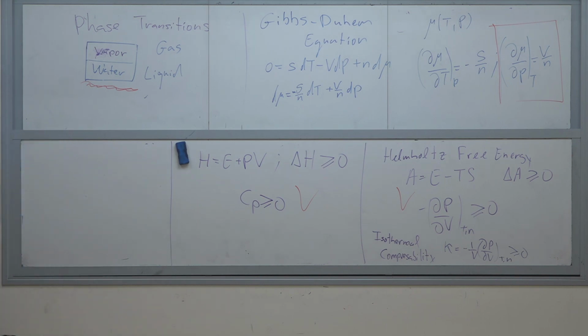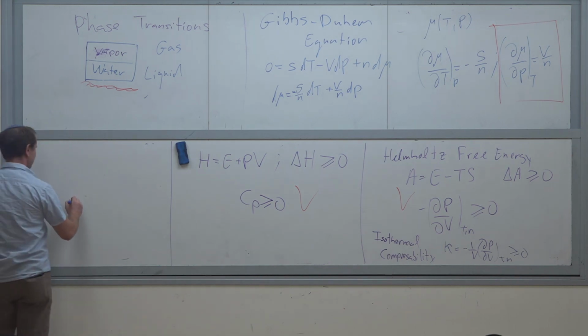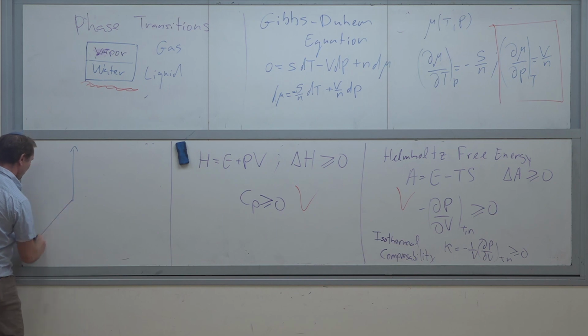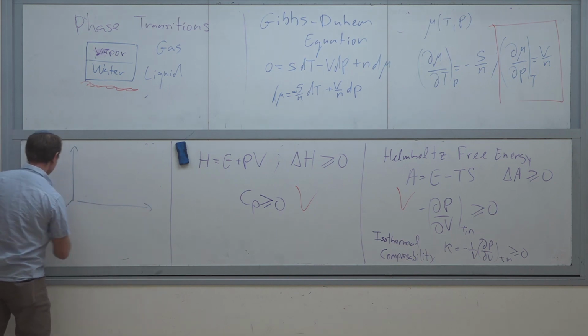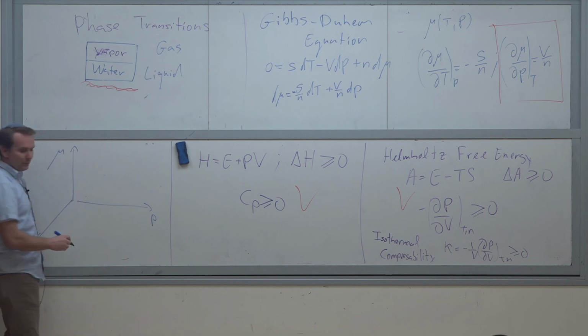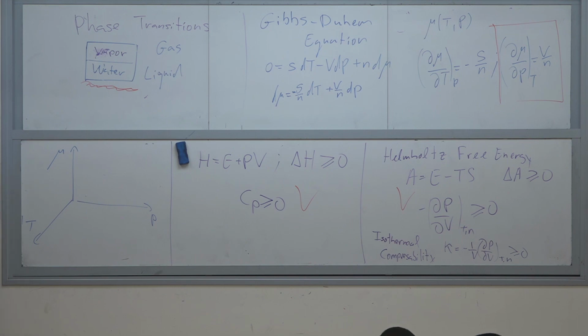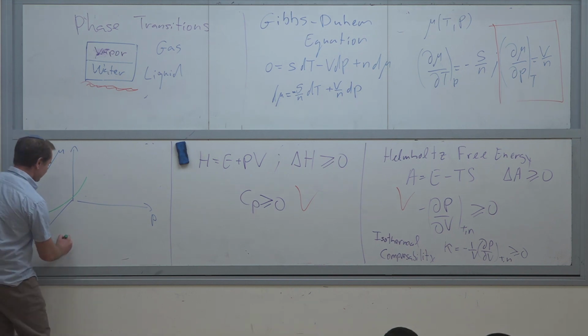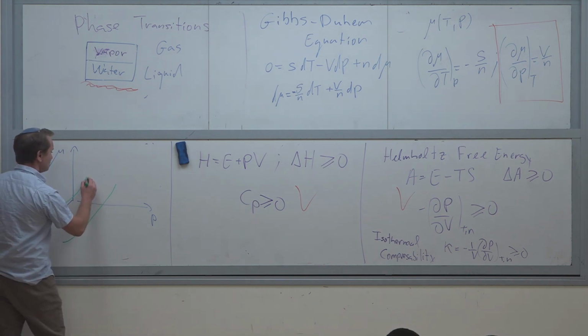Okay, and this is the plot that we had on Sunday. If this is T, this is P, and this is mu, oh, I have more markers over here. So mu is a function of two variables, T and P. It's a surface in three-dimensional space.